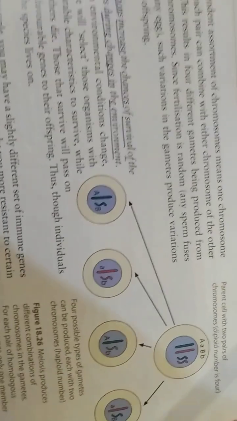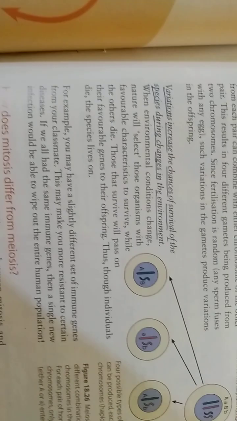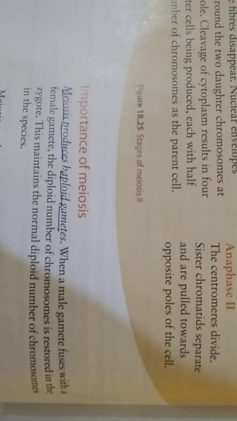Here we look at the importance of meiosis. Look at the picture and try to understand the process of meiosis. That's the importance of meiosis. The main purpose of meiosis is the exchange of genetic material.